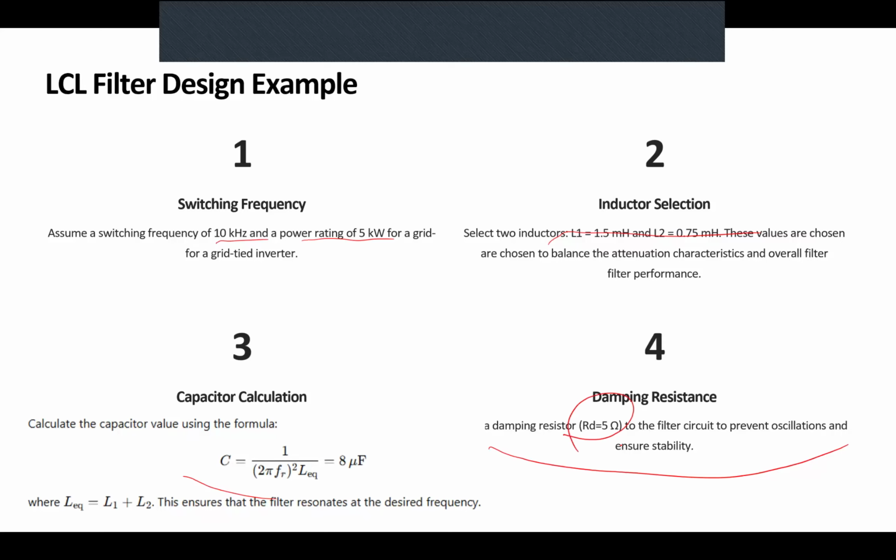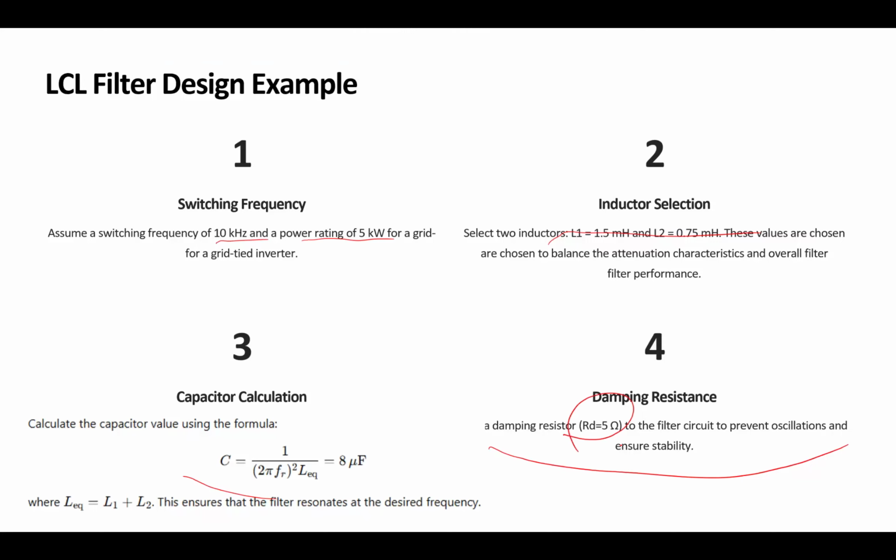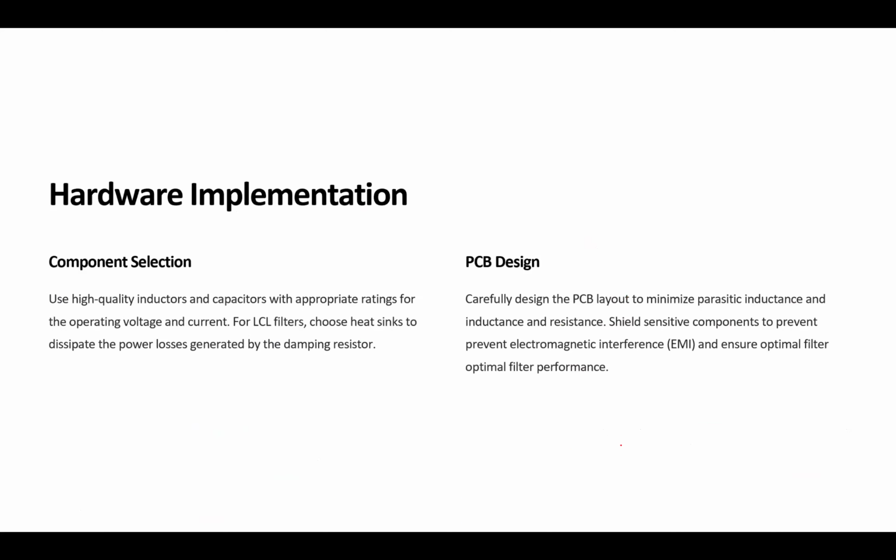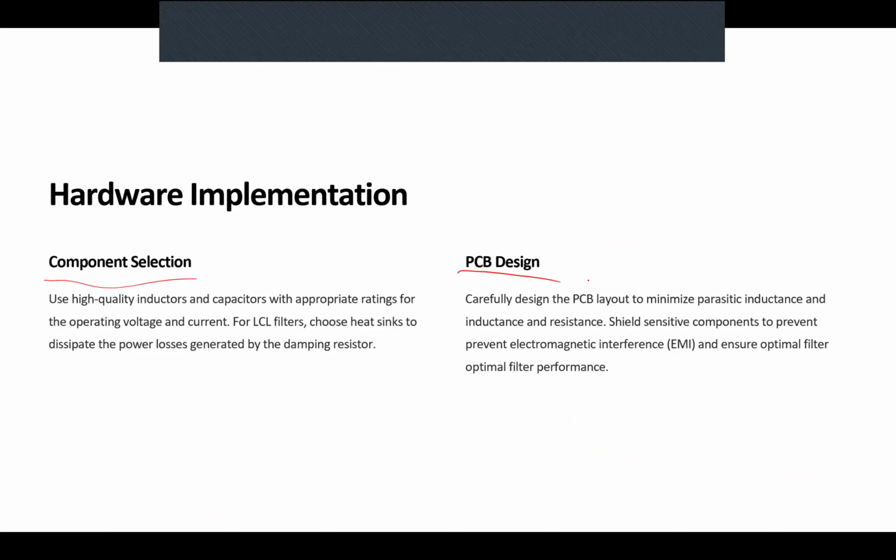There are tons of DIY videos on the internet. You could go through them for specific examples or step-by-step filter design. This is a very mature technology. These two are general considerations when selecting components.